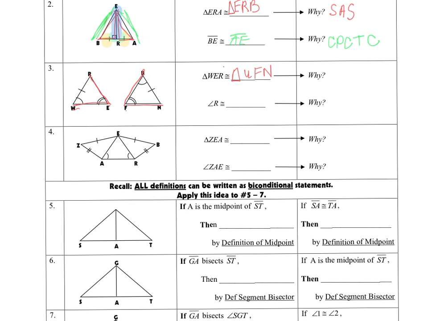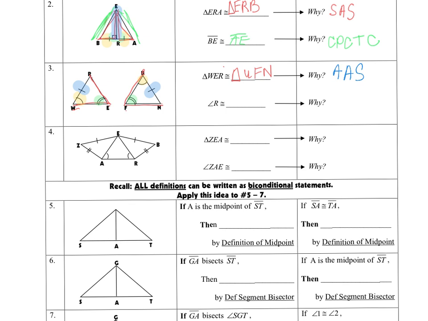And if we look at our reasoning behind that, we could see that we have an angle to an angle, angle to an angle, and a side to a side. And so therefore that is going to be by angle, angle, side.